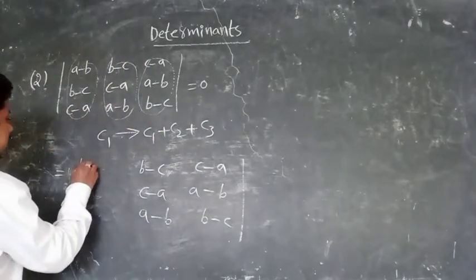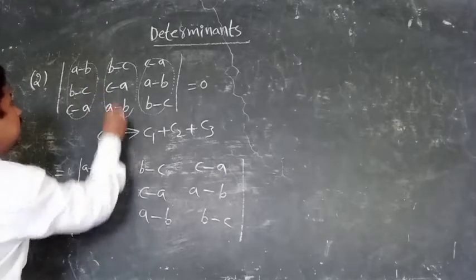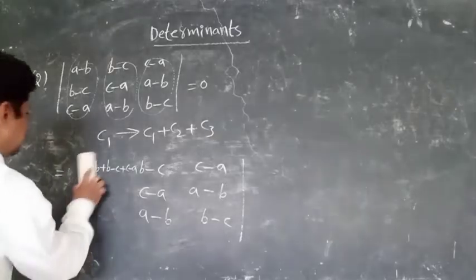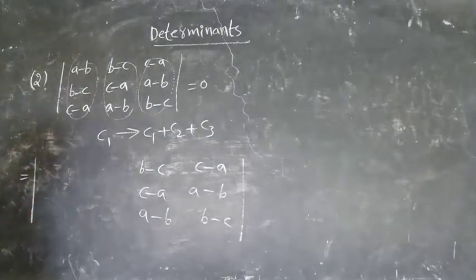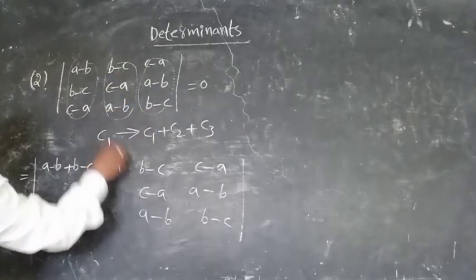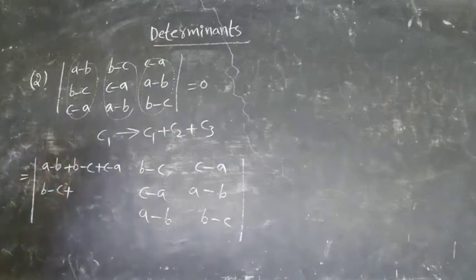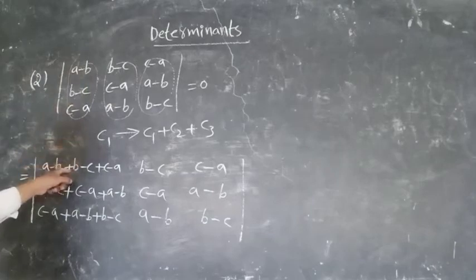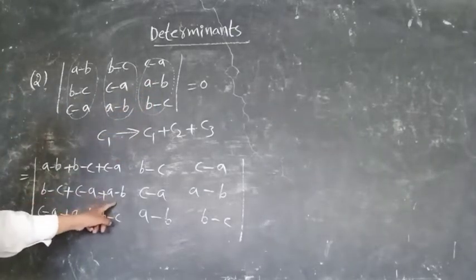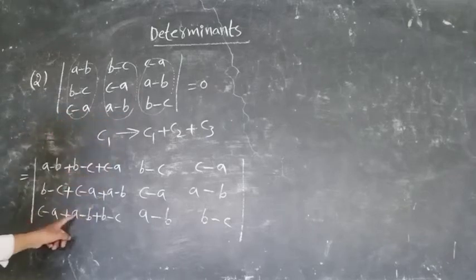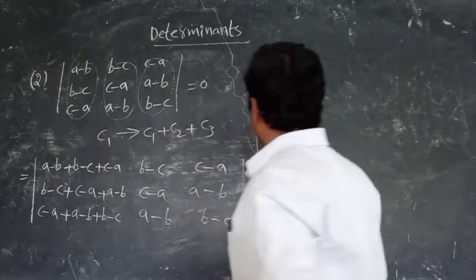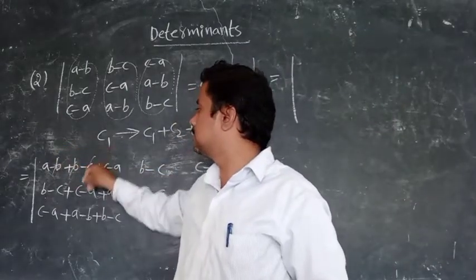We'll add. So A minus B plus B minus C plus C minus C. Next, A minus B plus B minus C, C minus C. Next, second one, B minus C plus C minus A plus A minus B. And C minus A plus A minus B plus B minus C. Understood? B, B cancel, C, C cancel, A, A cancel.